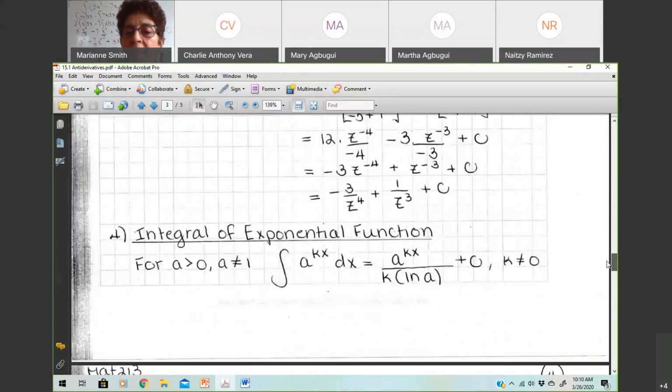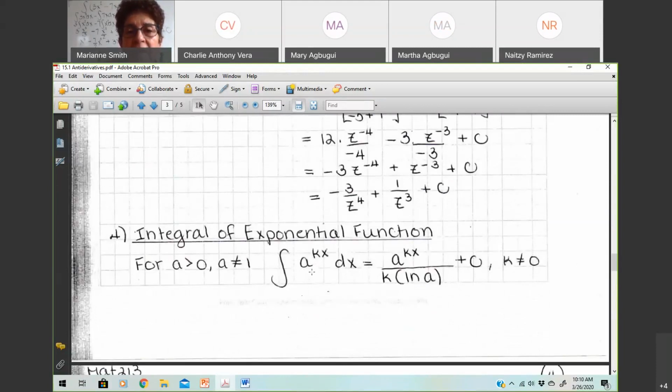All right, now we're talking here about exponential functions where we have a base that's a. Remember, a can either be a number like 2, or it can be a number like e. Okay, remember, e is a number, it's not a variable. It's about 2.7. It's a special base.